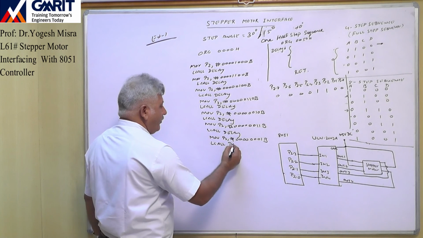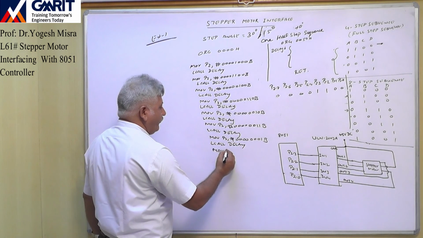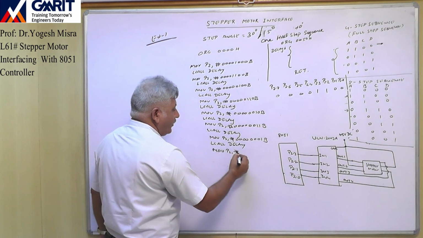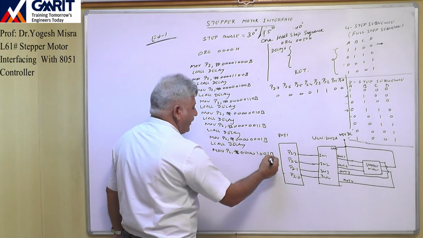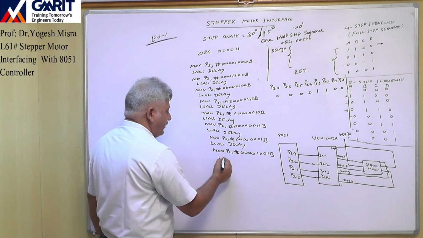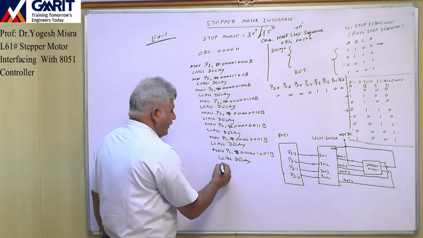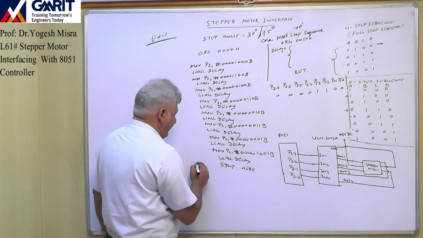I'll call delay. After this, last, move P2 comma hash, this one, 0000 1001 B, right? And here then again I'll call delay and S jump here.